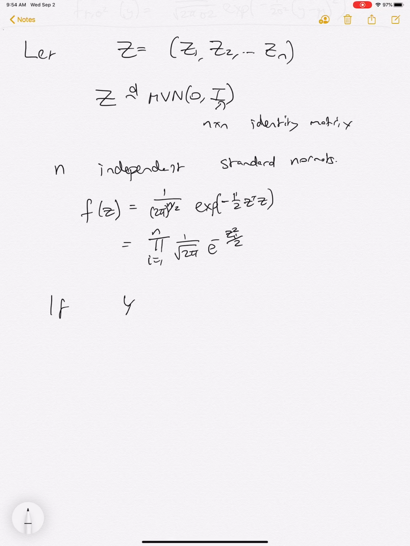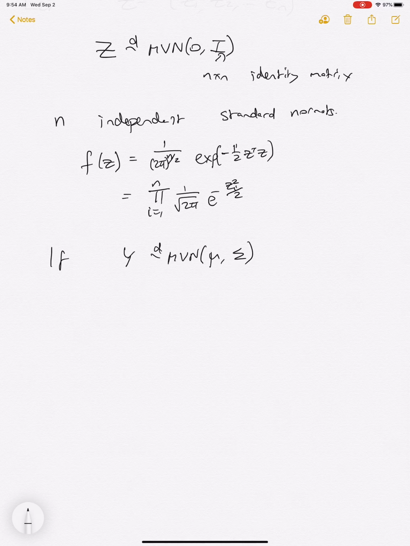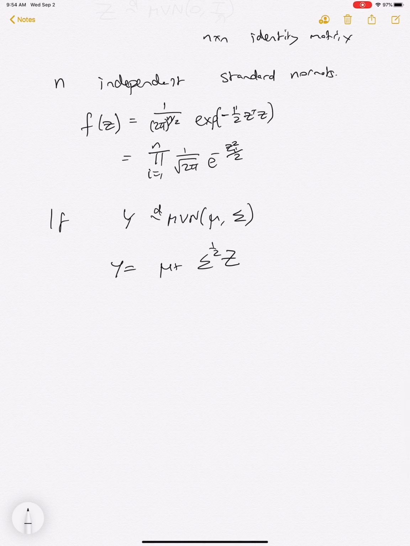So if we have that y is multivariate normal with mean mu and covariance sigma, then we have the relationship that y equals mu plus sigma to the half times z.